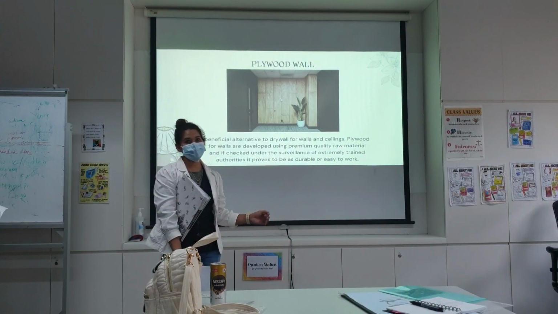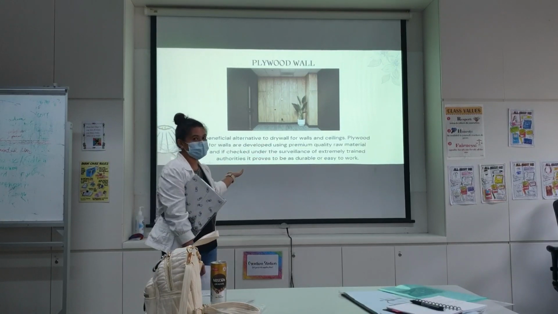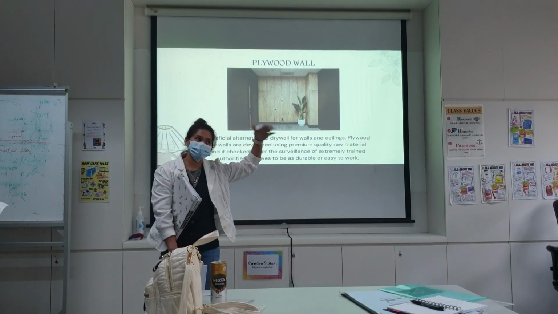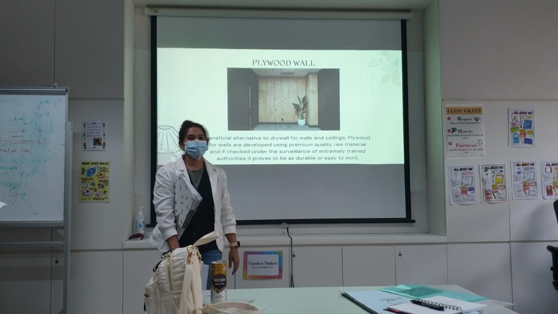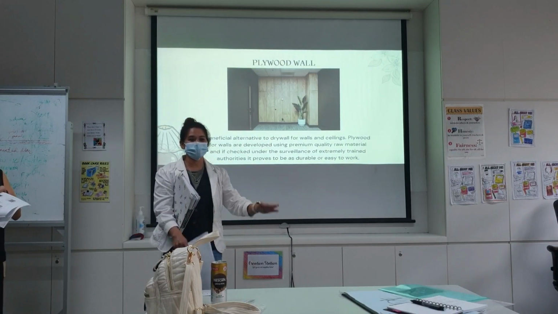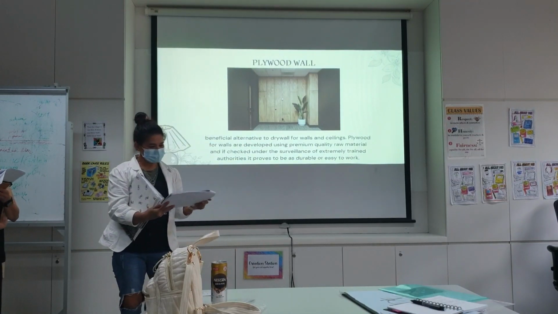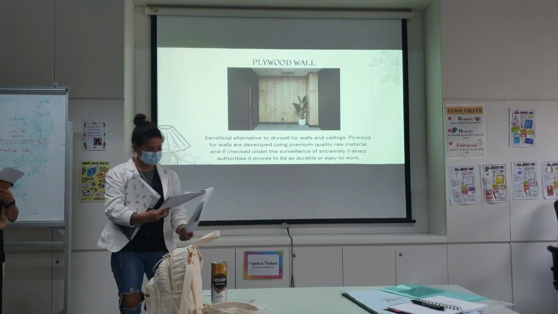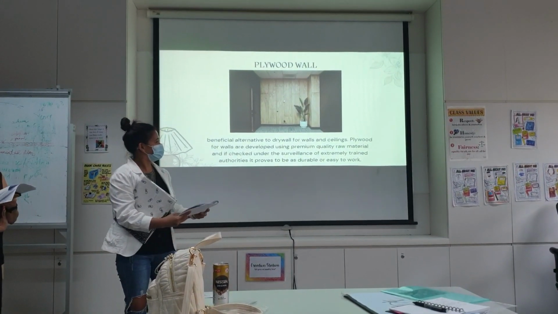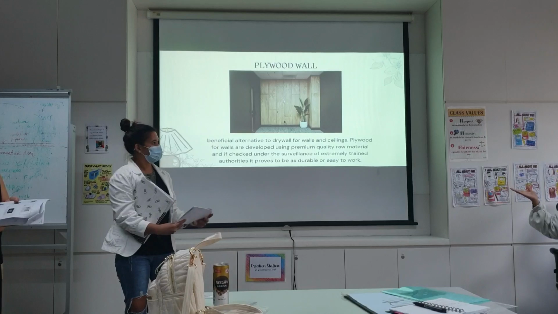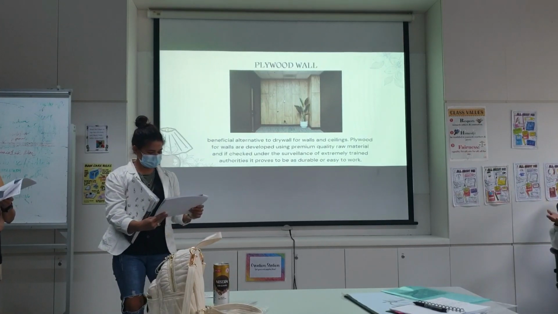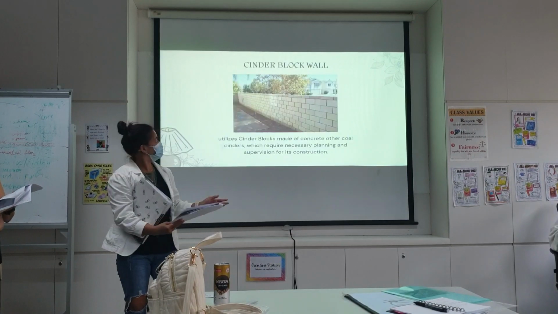We can also use natural wood to build a roof, even a cottage can be made of wood. These woods are good wall material, but this material is quite expensive. However, the durability and longevity of wood is extremely good. Okay, let's go to the next.